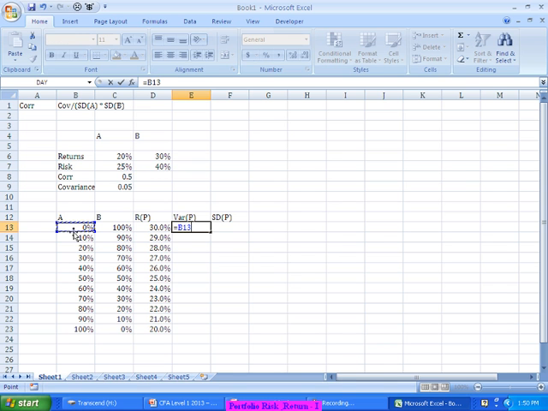W1 squared times the variance of the first one.